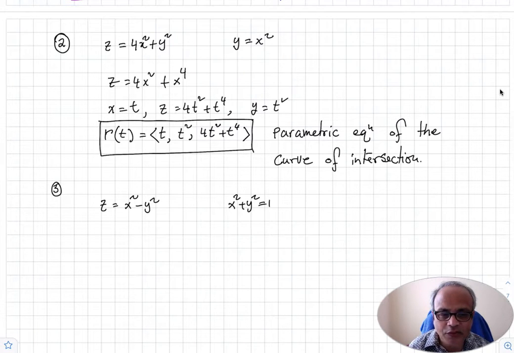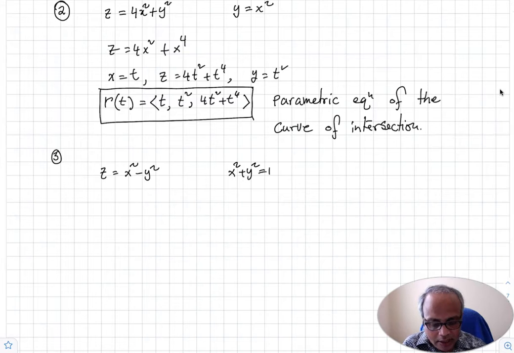In this case, the first one you can see z equals x square minus y square on the left, and the other surface is x square plus y square equals 1 on the right. And this time I am going to look at the solution intuitively.